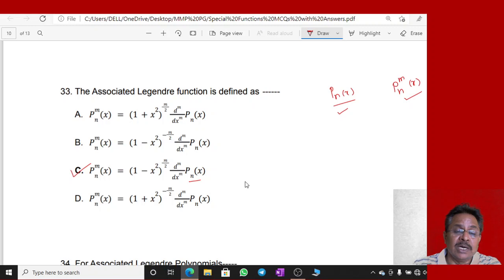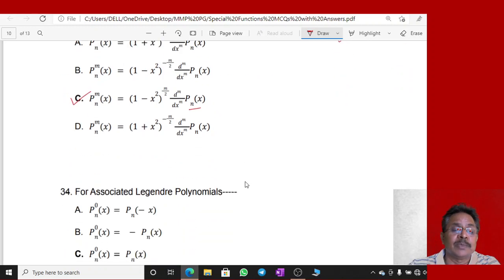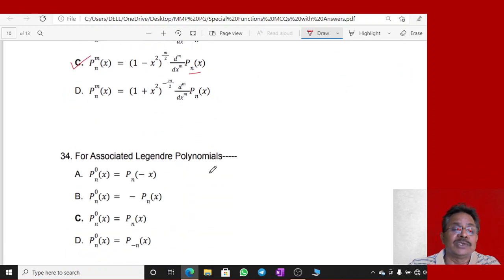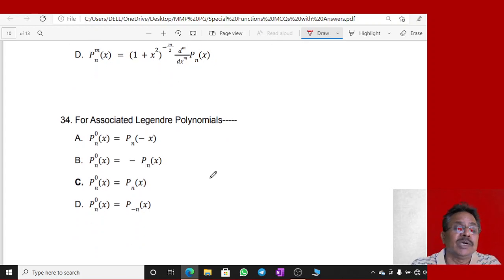So to get the associated Legendre polynomial from the Legendre polynomial, we have to use this mathematical expression given by option C: Pnm(x) = (1 − x²)^(m/2) d^m/dx^m Pn(x). Based upon that, let's see one more question. Question number 35.